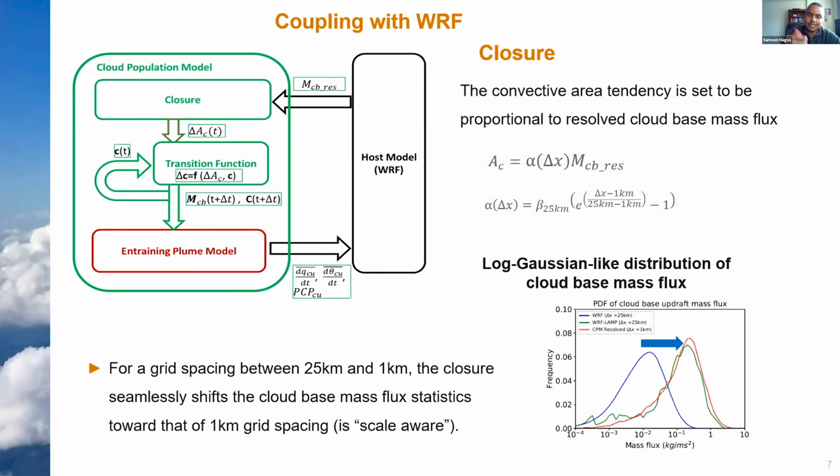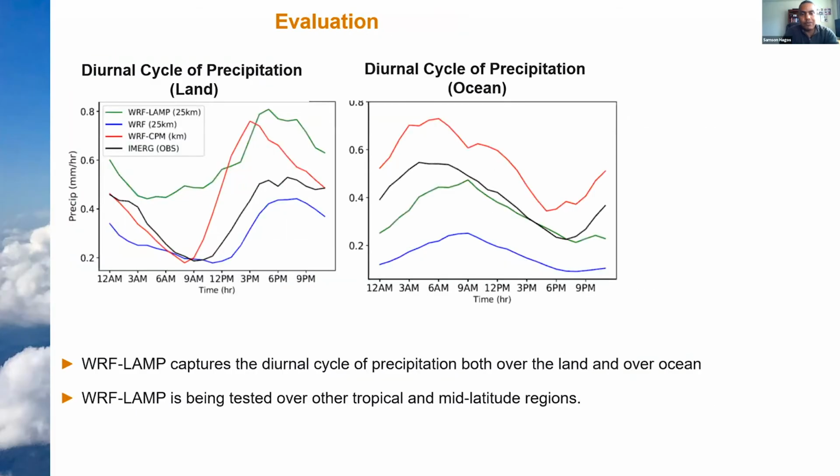So in that sense, it is scale aware. So that brings us to say, for example, we can look at the diurnal cycle of convection and many other criteria that we look at to evaluate the model performance. This non-equilibrium approach gives us a better representation of the diurnal cycle, as we expected from theory.